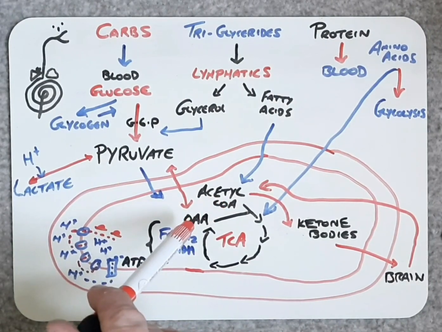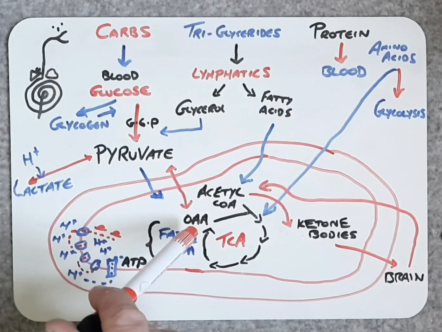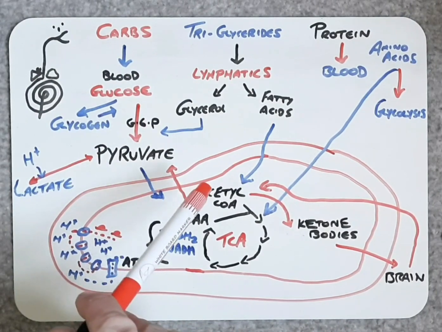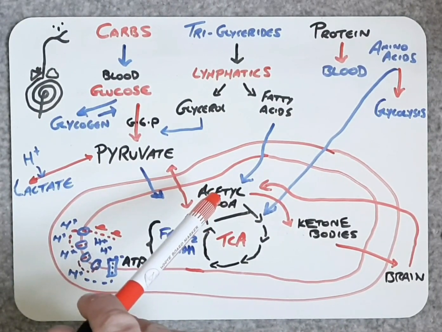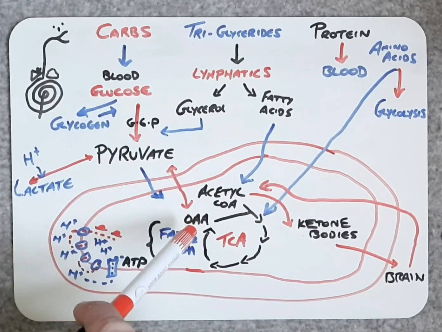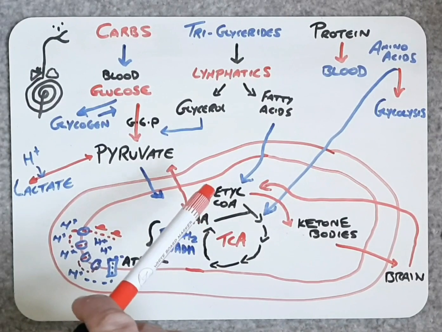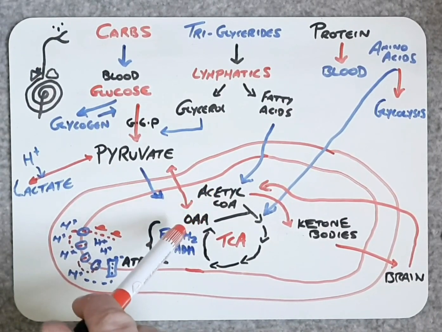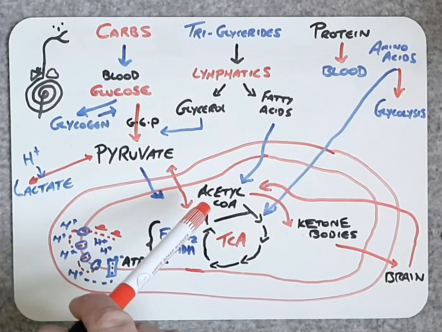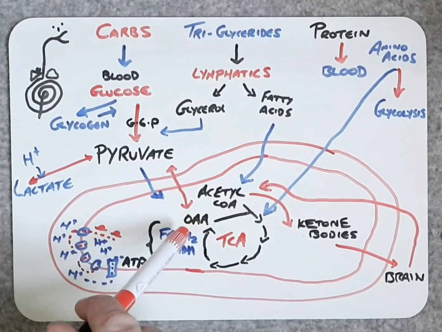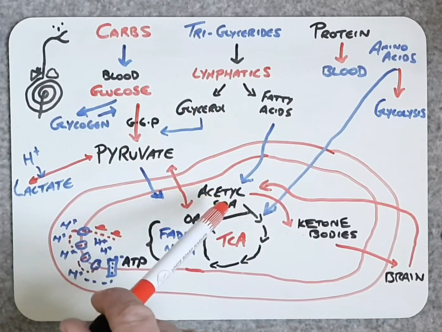So in a way, the oxaloacetate is offering up its services to change itself into pyruvate, to then give pyruvate a chance to make more acetyl-CoA. The problem here is that oxaloacetate then diminishes within the mitochondria, and we end up with more acetyl-CoA. So again, we have the imbalance. Whereas before we had too much oxaloacetate and not enough acetyl-CoA, now oxaloacetate has jumped out, pyruvate has come in, so we have less oxaloacetate and more acetyl-CoA.